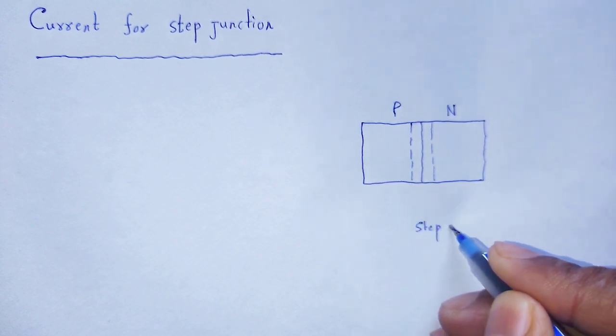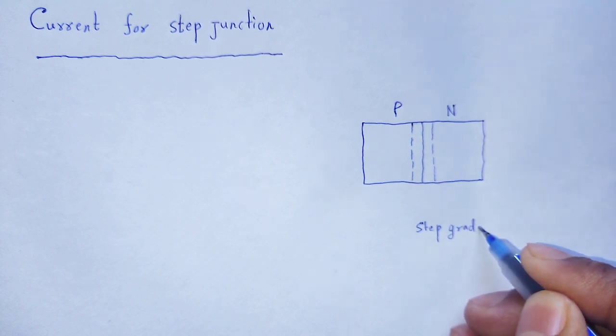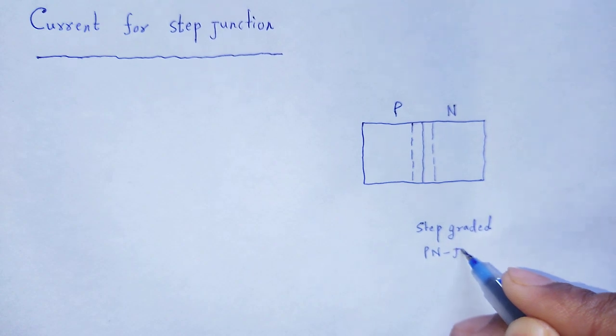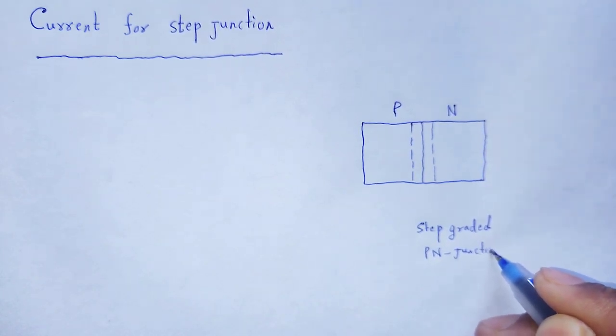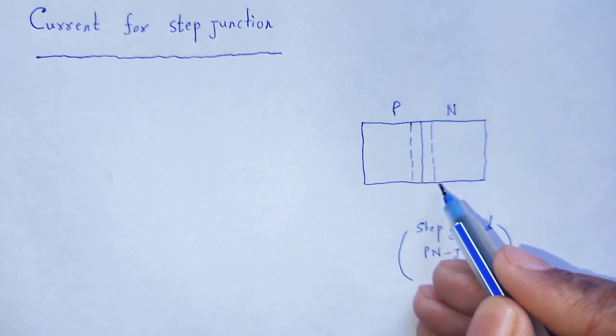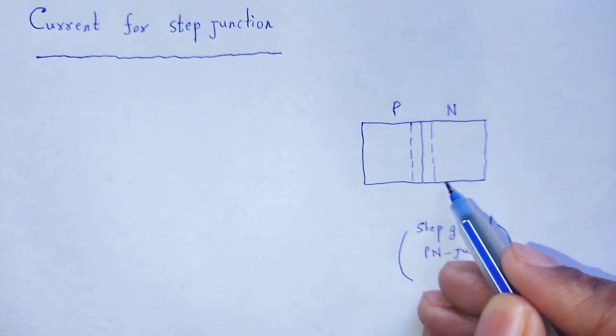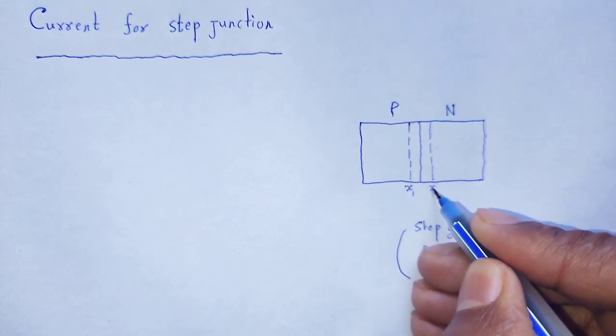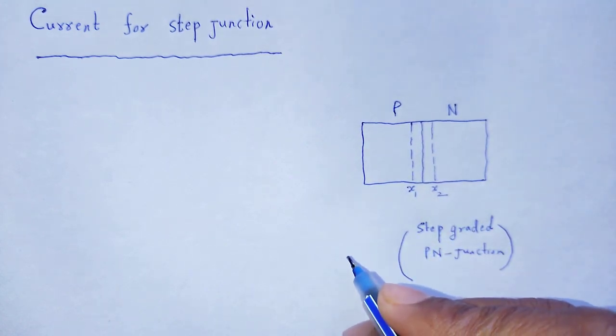A step graded PN junction with the depletion region from x1 to x2.